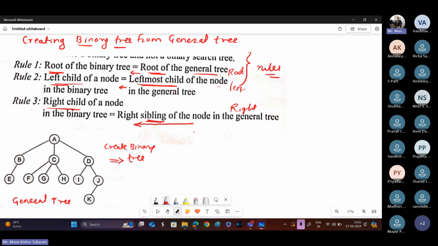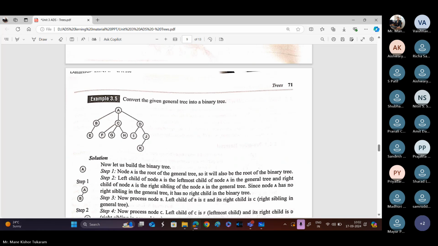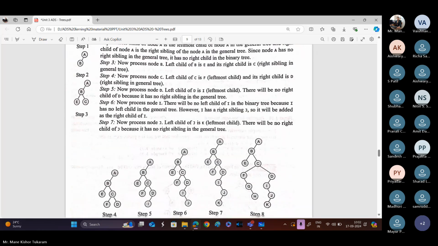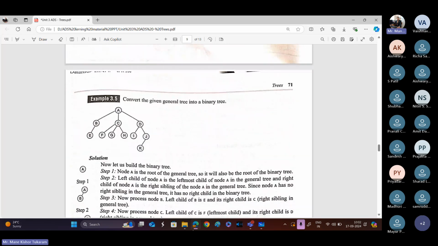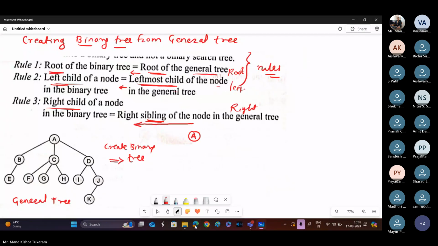So my root is A. So I just draw this particular A over here. So this is the root.